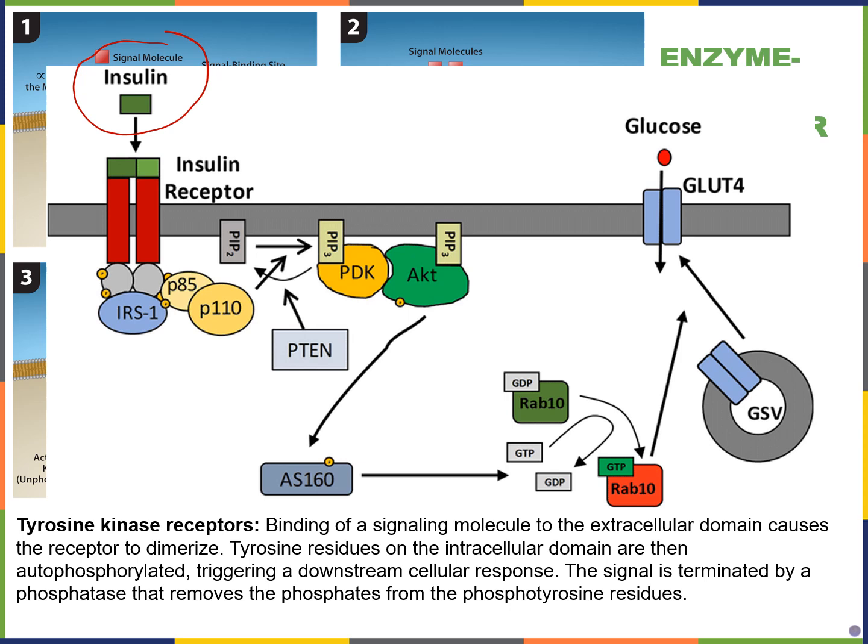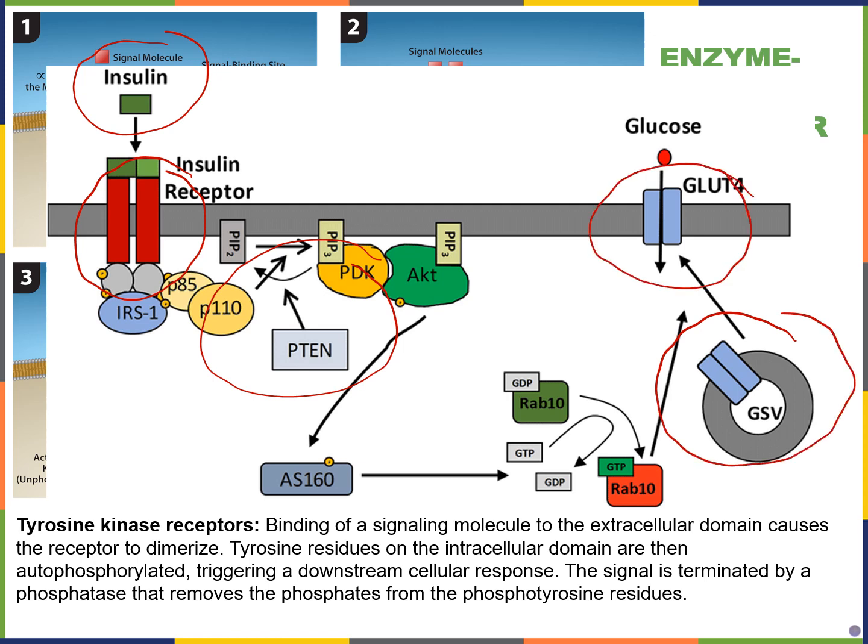Insulin will be high in the blood, and it will bind to tyrosine kinase receptors on cells, especially in your liver and muscles, triggering a series of events that ultimately allow glucose transporters to be inserted into the cell membranes. Since you just ate a meal, you'll have higher blood glucose than normal. Once these glucose transporters are embedded in the membrane, you can take in the glucose and lower your blood glucose levels back to normal.